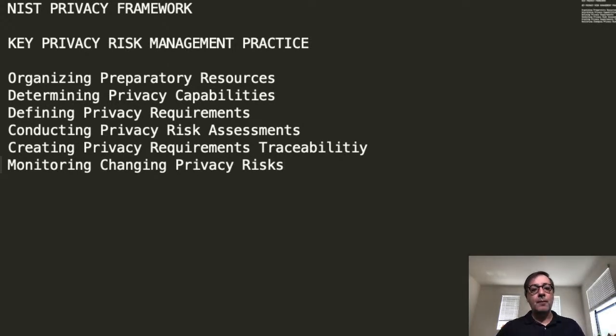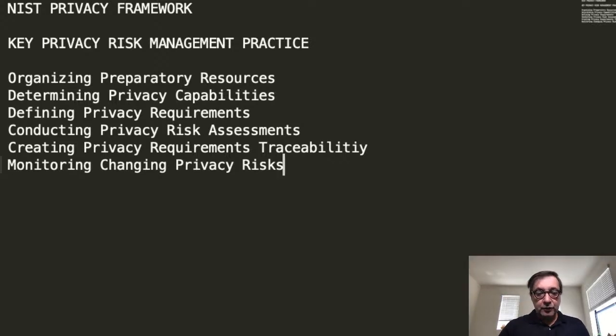All right, so while the NIST privacy framework itself isn't necessarily the place where they can provide really detailed guidance on privacy risk management, they also know that privacy risk management is less mature as a discipline than cybersecurity risk management. This is something new. We're still dealing with that.